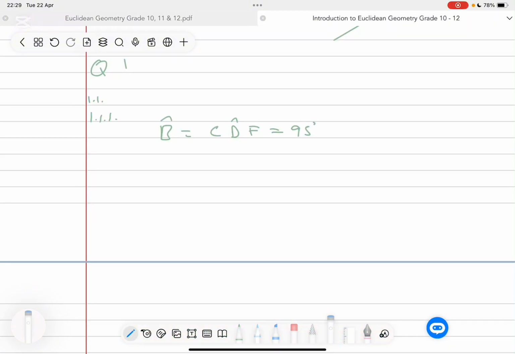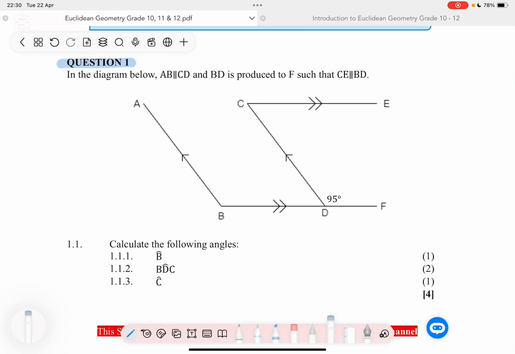The reason why I say that is because I can see that we have corresponding angles since line AB is parallel to line CD. Do you see that line AB is parallel to line CD as we were discussing?